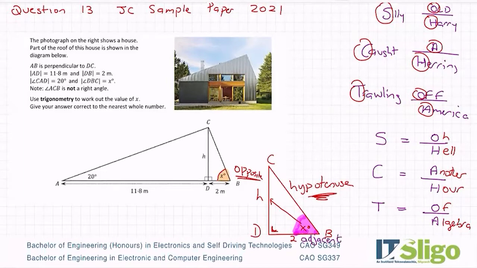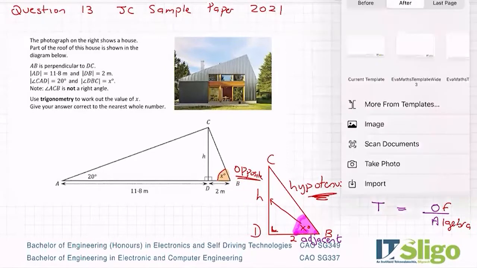Adjacent. It's an English word and it just means beside or close to. So this here is your adjacent side, the side that measures 2. The side that's labelled H is opposite that angle X. The side that's opposite the right angle is called hypotenuse.